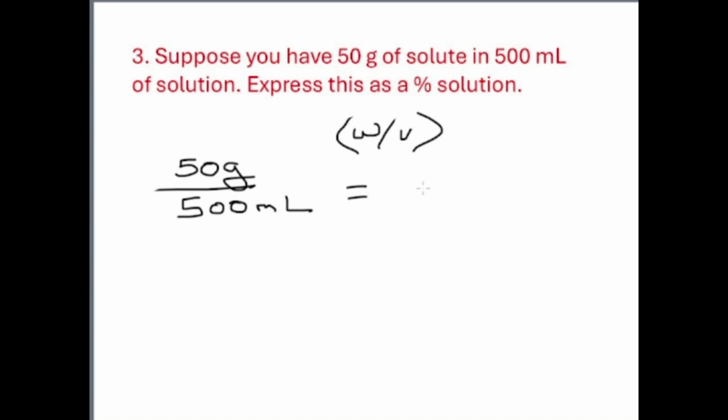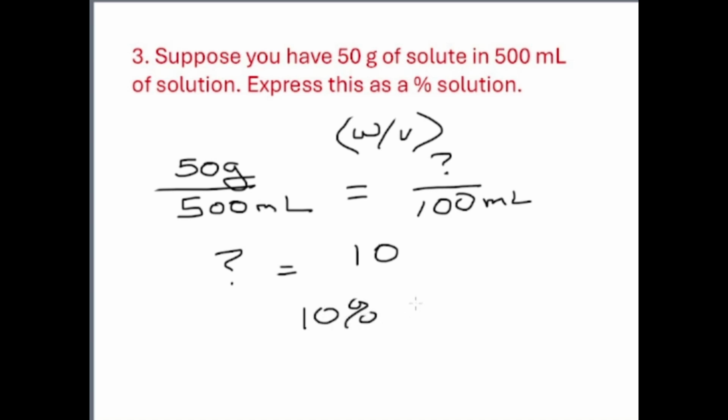So in order to make it a percent, we have to make it on the basis of 100 mils. So we can again set up our proportion problem, and we have that question mark equals 10. And that means that there are 10 parts of the solute in 100 mils, which means that this is a 10% solution.